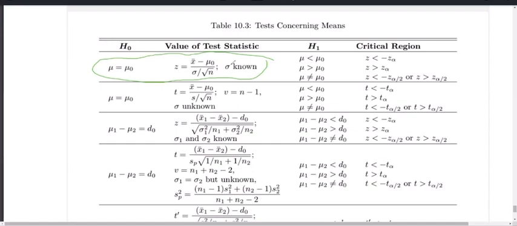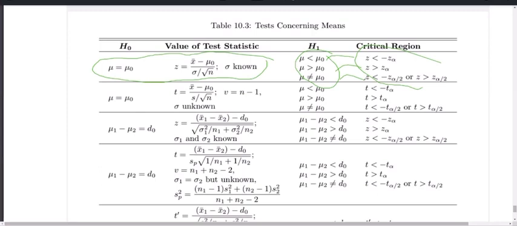And you are testing hypotheses about any of these. Of course, you're going to check from a Z table. This goes for this, and this goes for this. I told you the other time, okay?